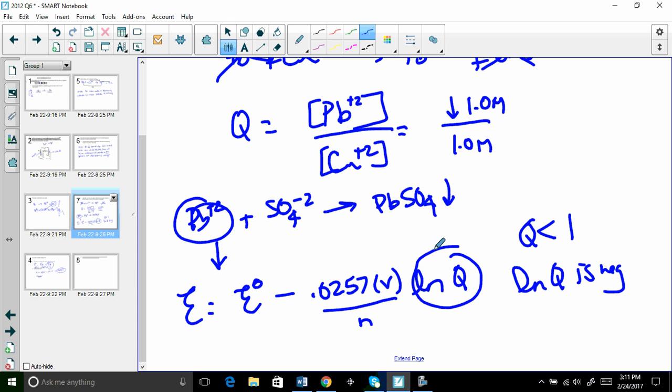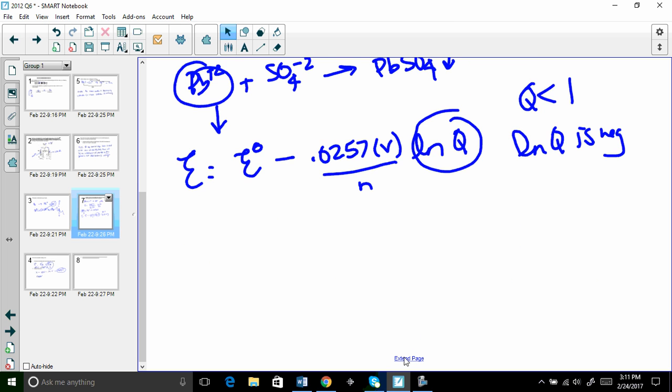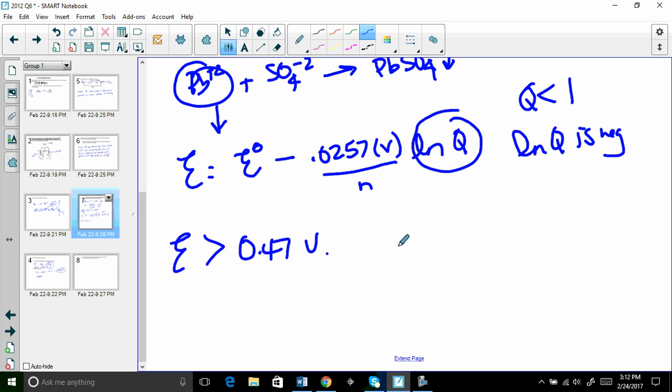And a negative times a negative is a positive. So what would happen in this cell is, now all of that is so I can answer the question. Is it less than 0.47 or greater than 0.47? E is greater than 0.47 volts, and your justification would be Q is less than 1.